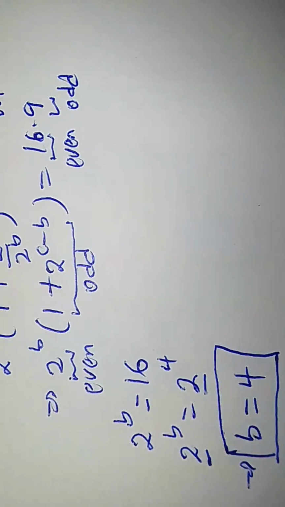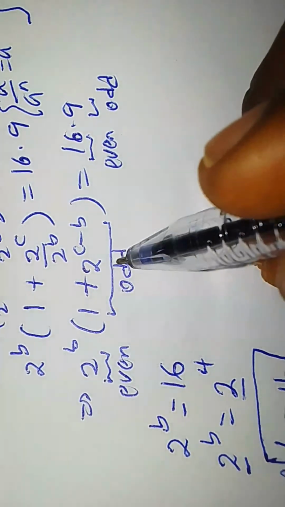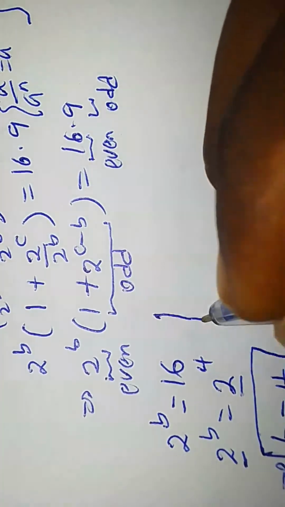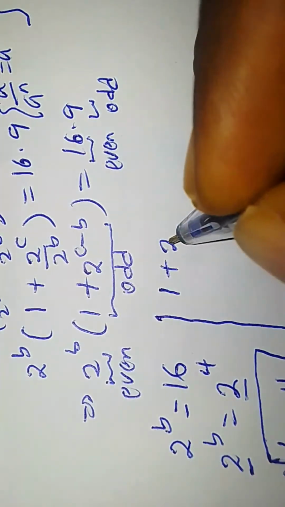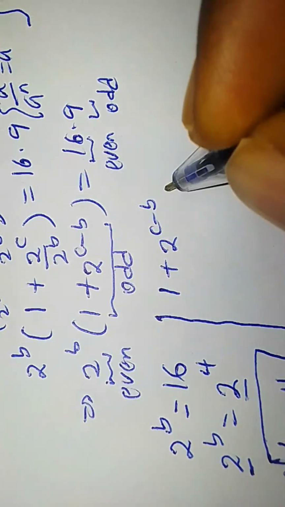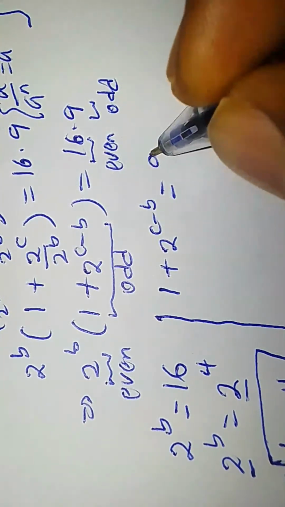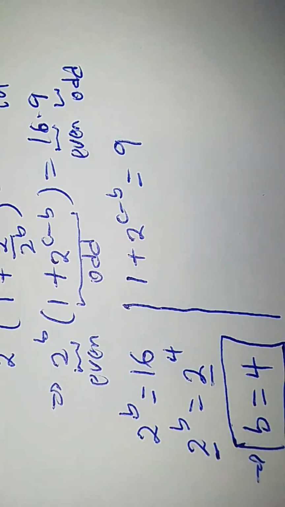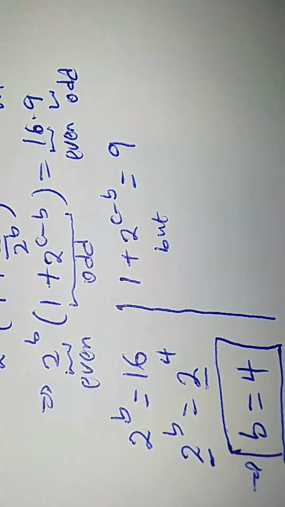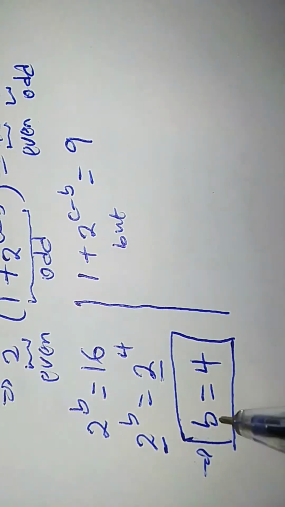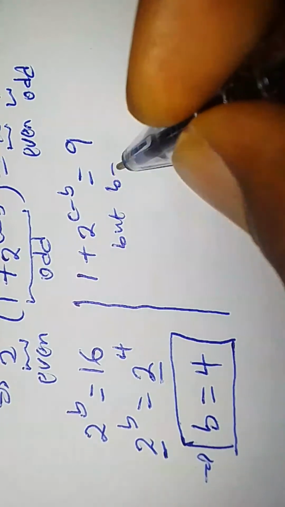Now let us compare the other part, the odd part. So that will be 1 plus 2 raised to c minus b equal to 9. But we already know the value of b. b is equal to 4.